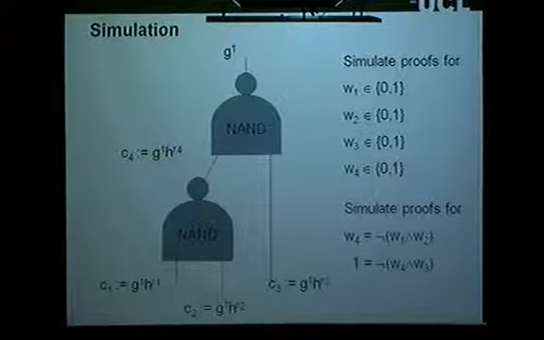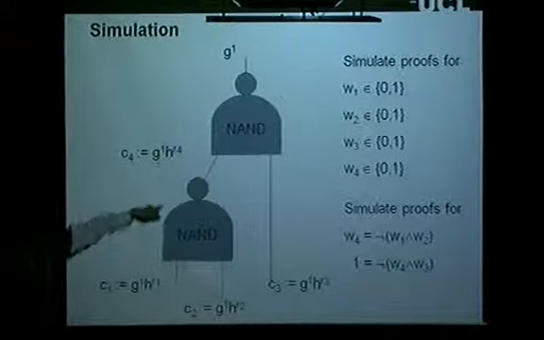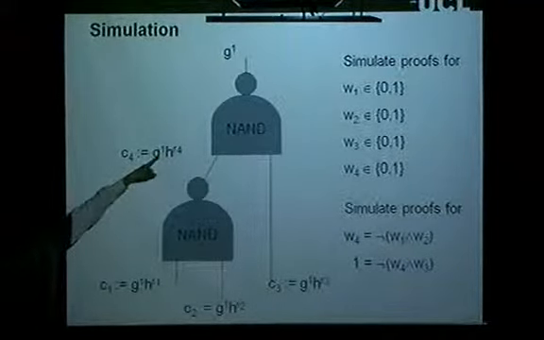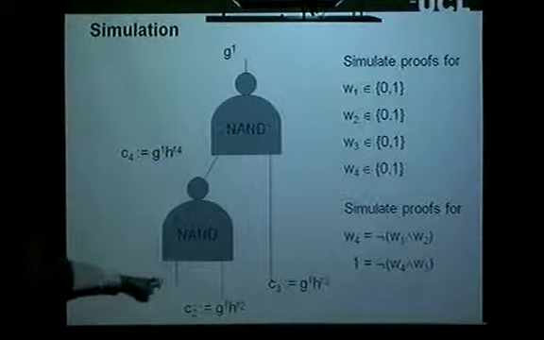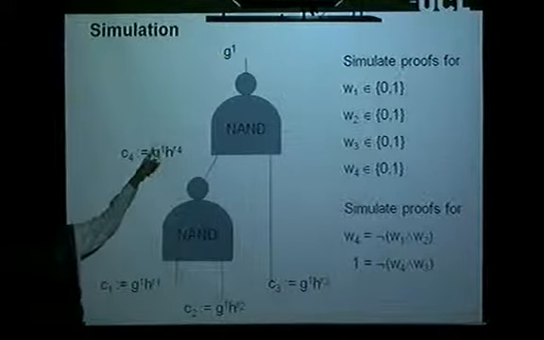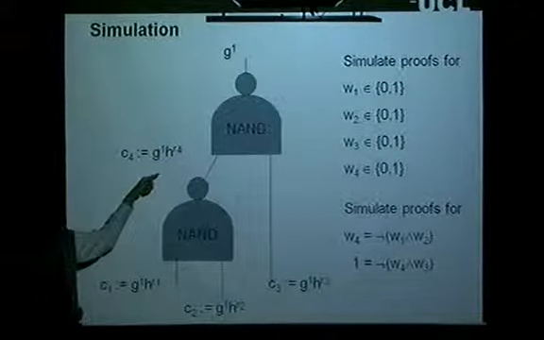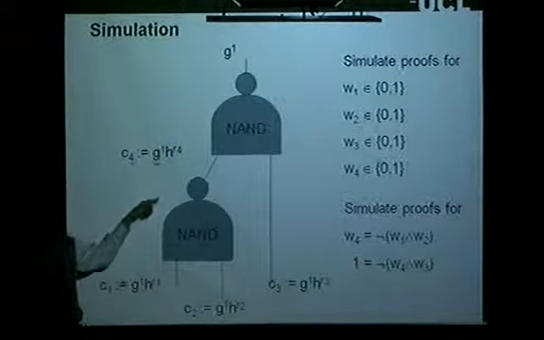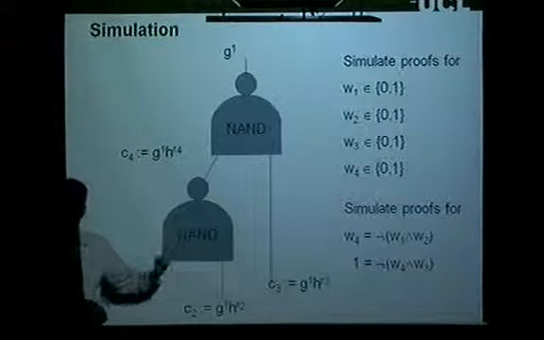And then it will simulate proofs that the wires respect the NAND gates, and it can do that because for each NAND gate, it can make a trapdoor opening of the output, right? So we have here input 1, and this commitment here to 1, when you have the trapdoor, it can also be interpreted as a commitment to 0. And then indeed the NAND gate is respected and you can give the proof.